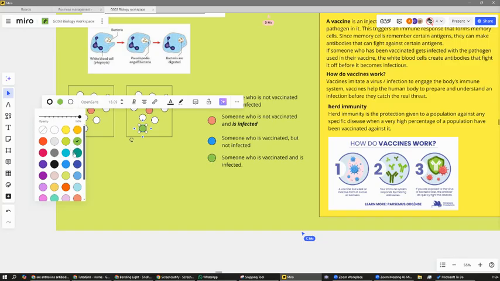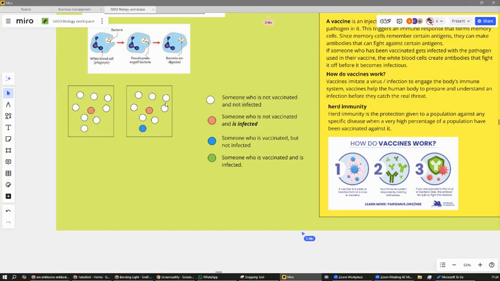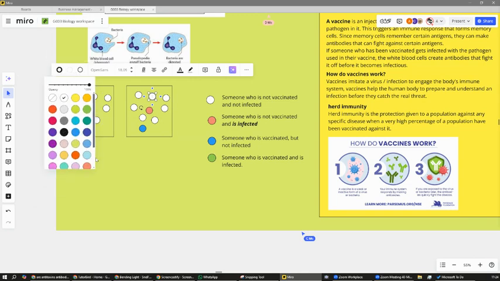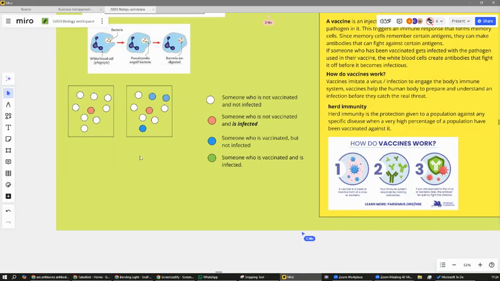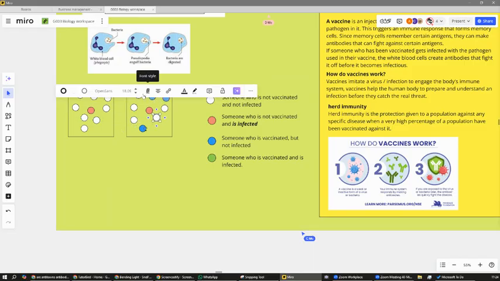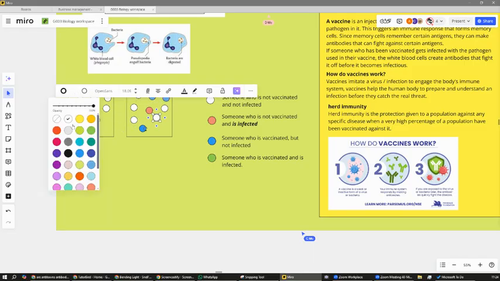No, one, two, but they're not infected yet. I don't think I'm doing the same shade of blue. Okay. Now in this case, as they move around, well, he's not vaccinated, so he's going to get ill too.